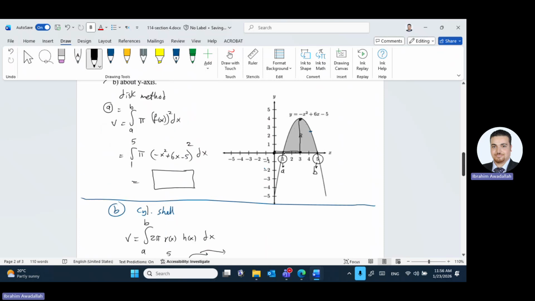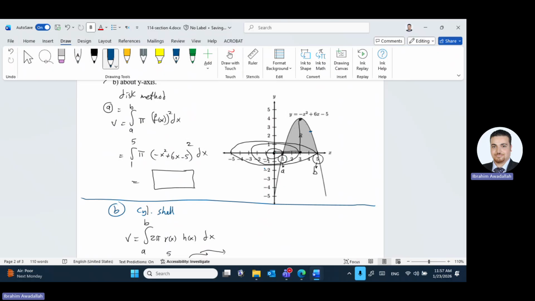Already we have the graph, we know the start point, we know the end point, and here is the radius. So when we make a circle here, when I make another circle here, and the last circle, I will make it revolving about the y-axis. So this will be the radius.